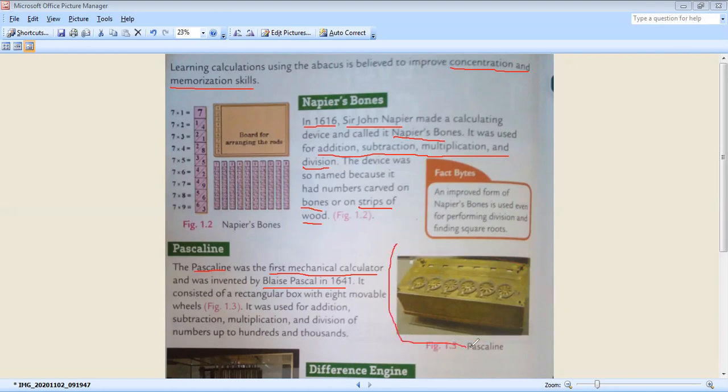It was used for addition, subtraction, multiplication and division, just like Napier's bones, but the numbers could range up to hundreds and thousands.